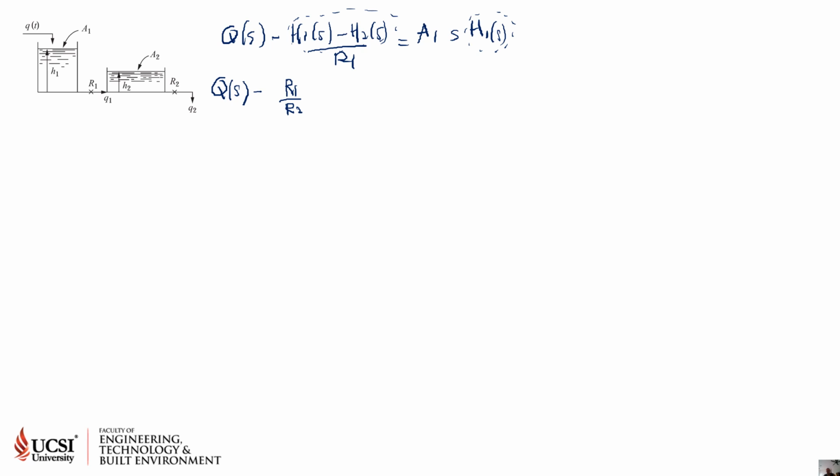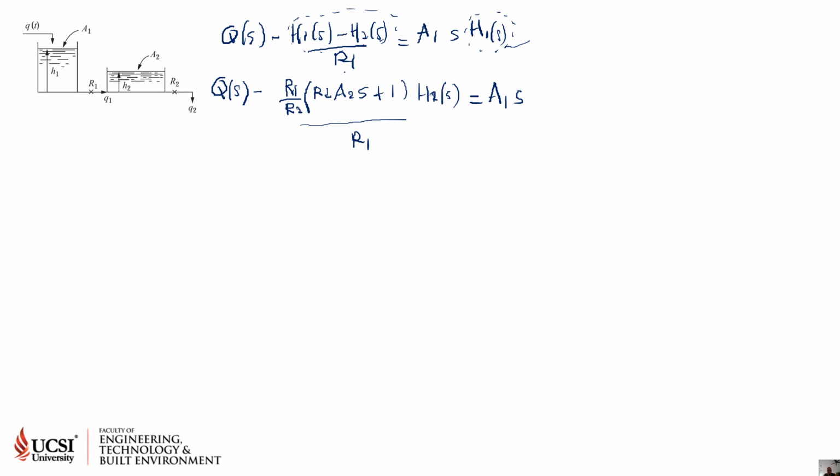Check again the previous equation to see what is the equation that we have derived for equation 2, which is R1 over R2 multiply R2 A2 S plus 1 and then H2S, right? This one is over R1, and is equals to A1S.